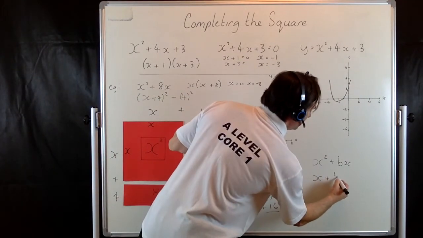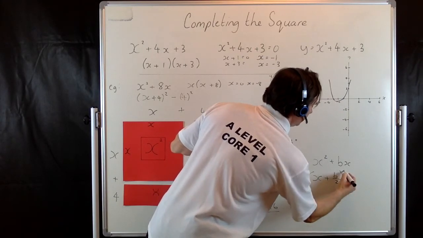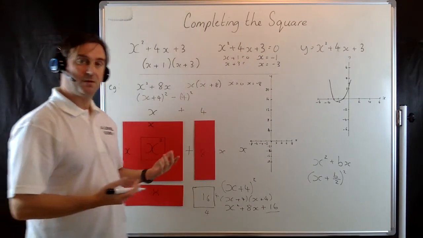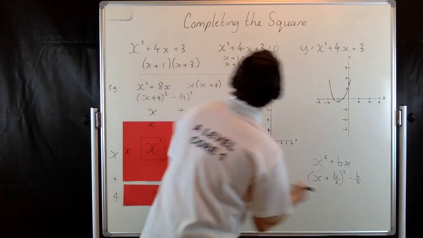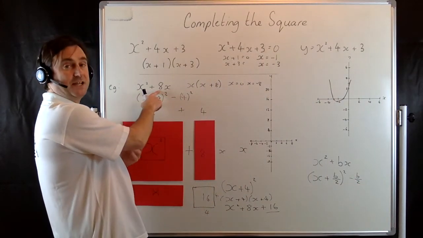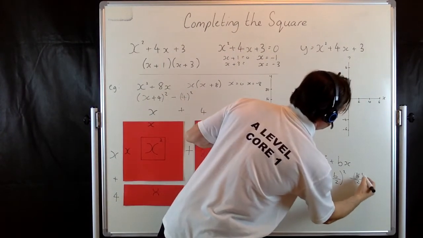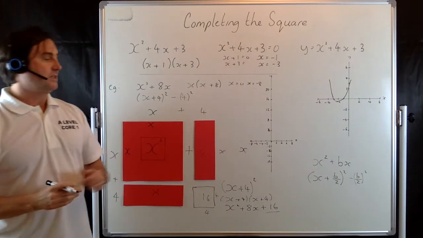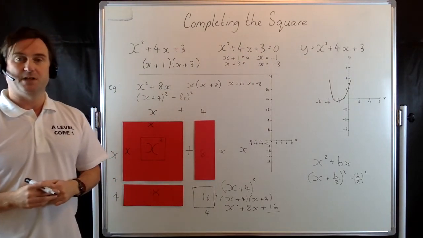So it becomes b divided by 2. I've halved it, and then I squared it. But then I took away b divided by 2, which was 8 originally, which became 4, and I squared it. So in its general format, completing the square becomes x plus b over 2 squared minus b over 2 squared.